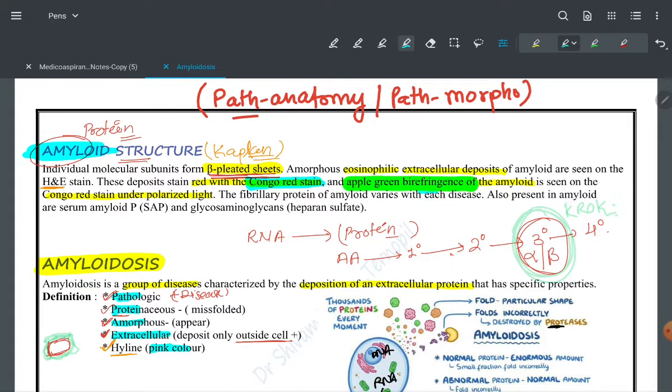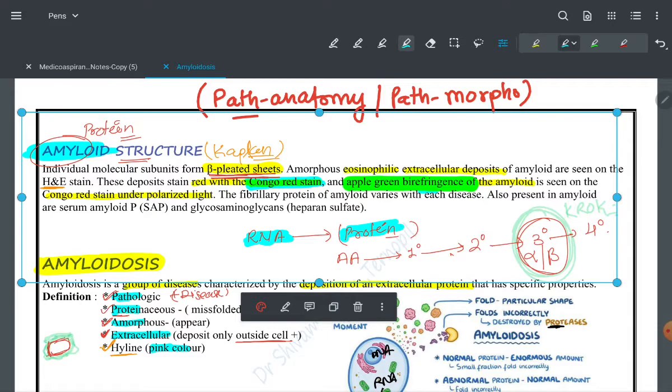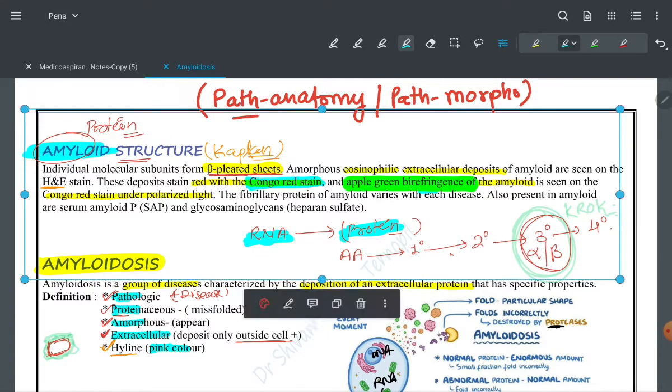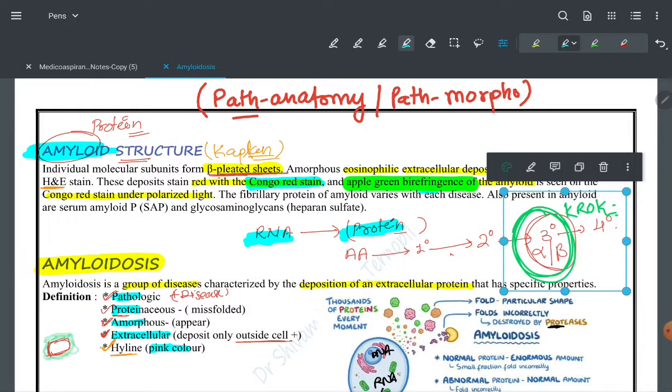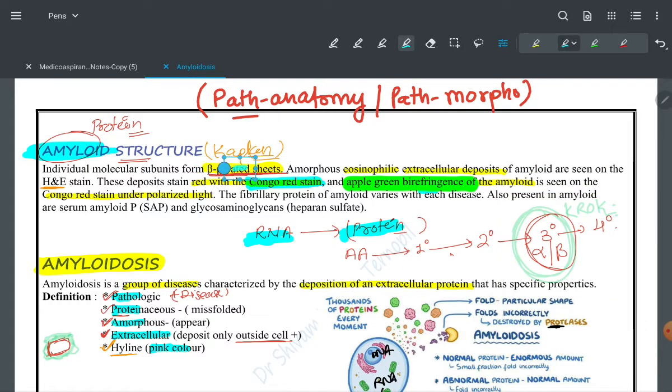And next point: RNA to DNA, RNA to protein formation, that is transcription. And protein formation has 4 stages: primary, secondary, tertiary, and quaternary. In the tertiary stage, there is a 3D alpha and beta pleated sheet. So whenever you see the beta pleated sheet and its appearance, it is going to be the answer, amyloidosis.